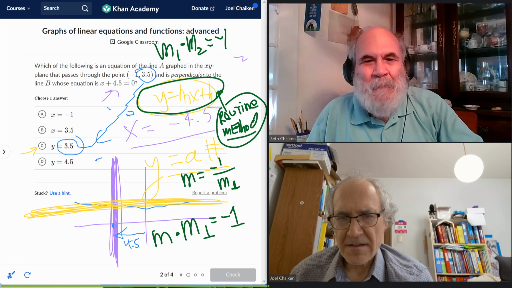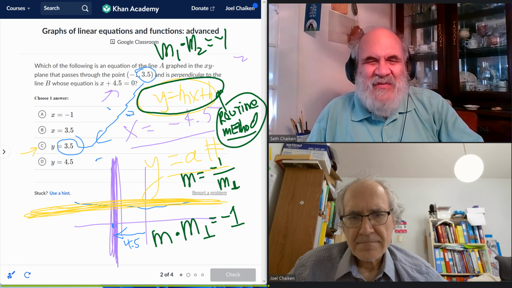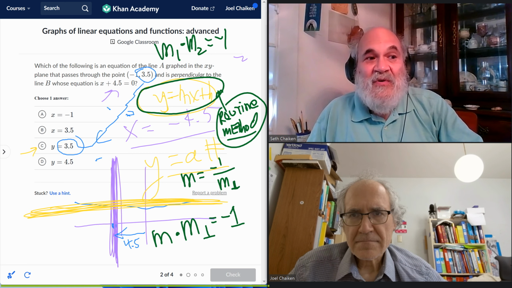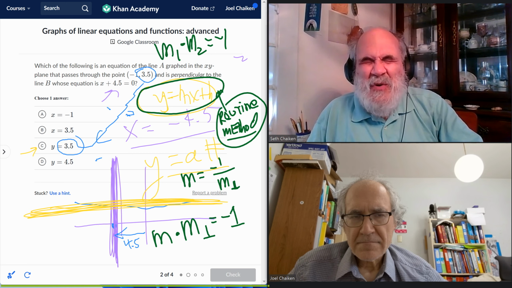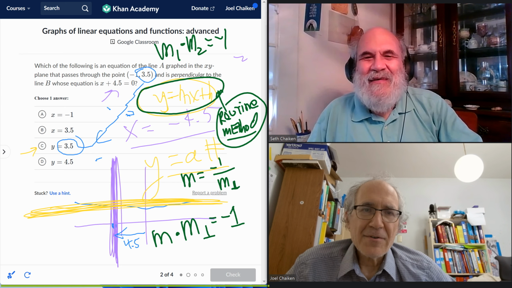Right. Exactly. That's right. So I wonder if we're going to see a problem similar to this, except the given line has an oblique slope. You know, why not? Maybe we should try another problem now and see.